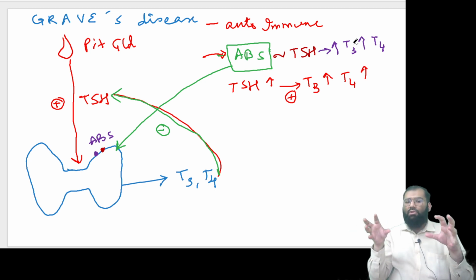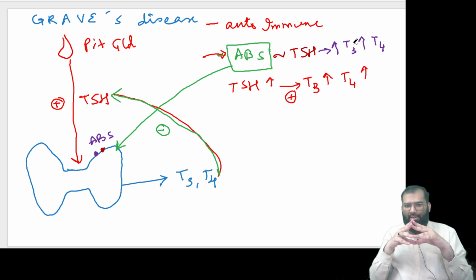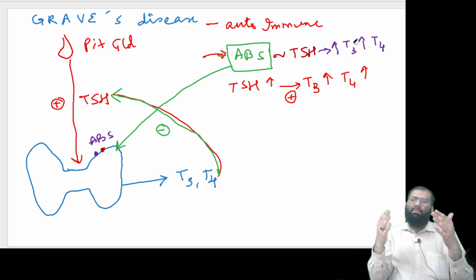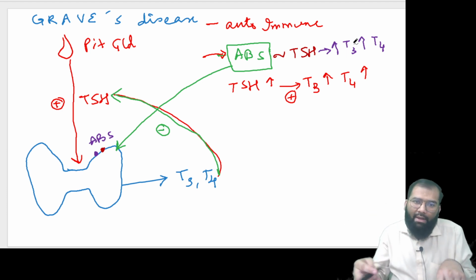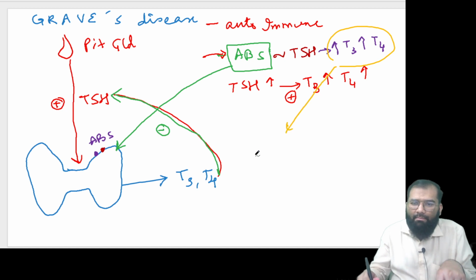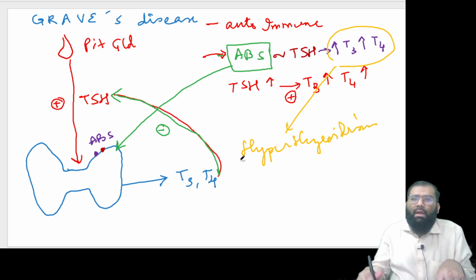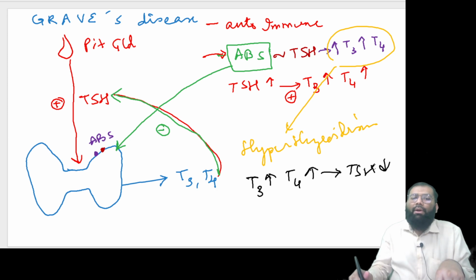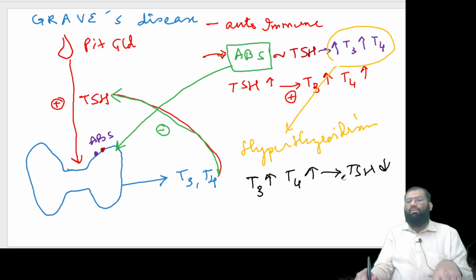In Hashimoto's, antibodies were formed that destroyed the thyroid. Here, the antibodies bind to the thyroid and behave like TSH. When TSH increases, T3 and T4 increase, so the antibodies are behaving like TSH, hence T3 and T4 are increasing, and this behaves like hyperthyroidism. On biochemical investigation, T3 is high and T4 is also high. TSH level would be low because of negative feedback mechanisms.